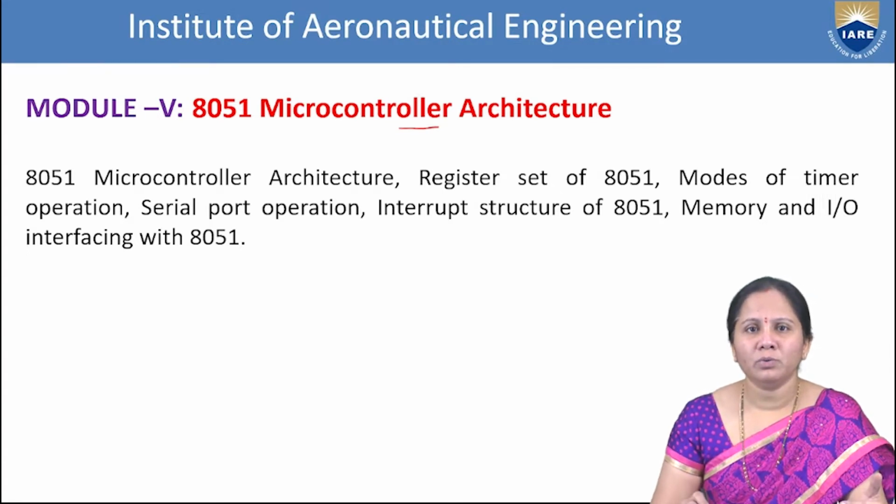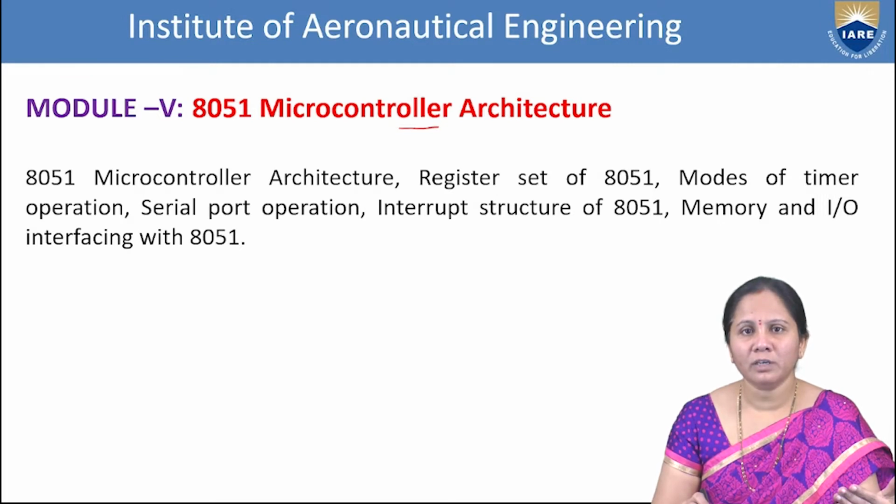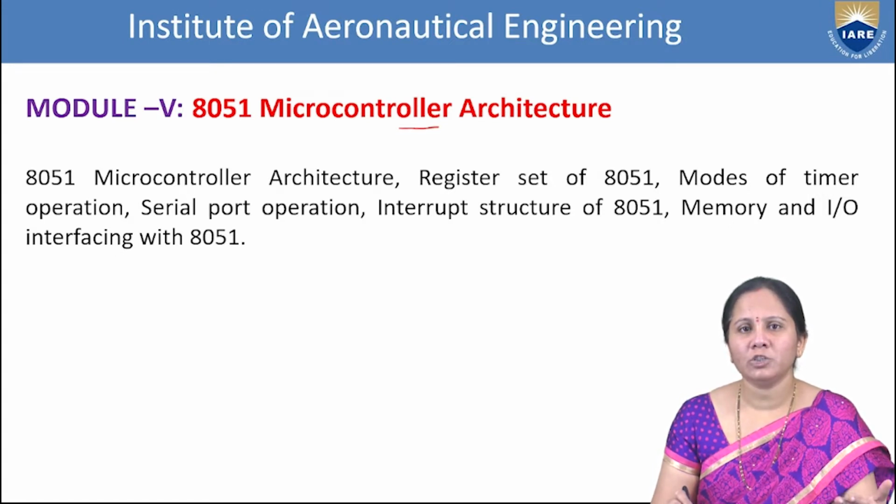We started with the features of the 8051 microcontroller, that is, the different components available inside it and the capacity of those components. Next we went for the pin configuration of the 8051 microcontroller.